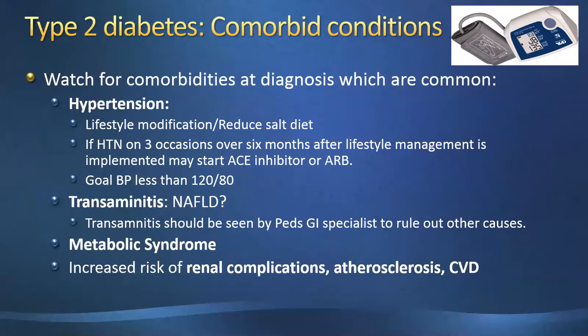If you can show that they have hypertension on 3 occasions over at least 6 months, and despite lifestyle management you're still struggling, you can consider starting an ACE inhibitor. I would try to confirm those blood pressures are not white coat hypertension, so I often have patients make a journal of blood pressures from home, or they get them when they're at the store from one of those automatic cuffs.